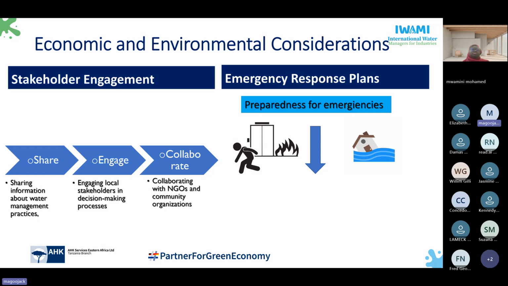Now, for the sustainability of not only the industry, but for economic or environmental saving or gain, in order to make sure that we adopt or use the water use and recycling appropriately, we should be in a position to engage various stakeholders.